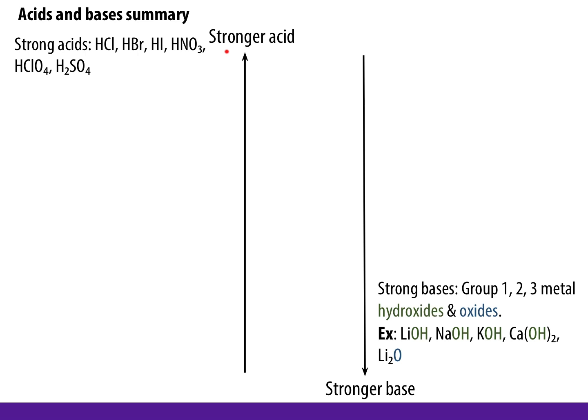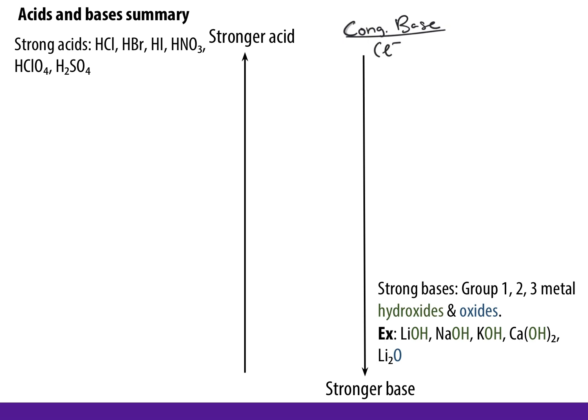Now, again, on the other side here are going to be bases. So you can view this over here as the conjugate base. Because we have those strong acids, by definition, we know their conjugate bases, right? The conjugate base, remove a hydrogen and decrease the charge by 1.